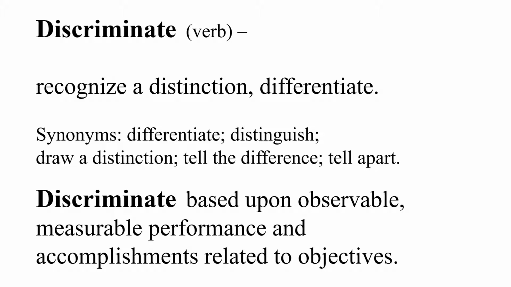So all those challenges out of Chapter 3 are still there. What we're going to do is take a look at the job descriptions and specifications in design, and we're going to discriminate based upon observable, measurable performance and accomplishments related to established objectives. So, discriminate based upon performance objectives.